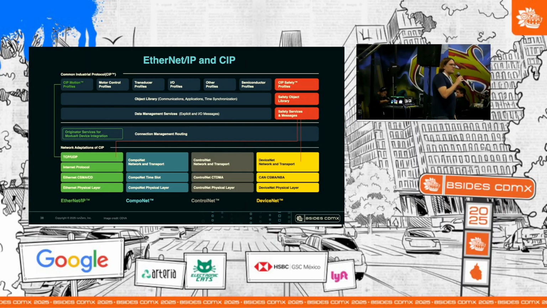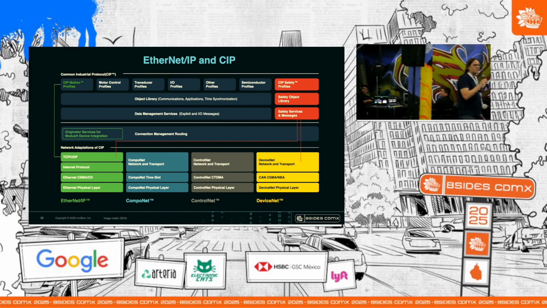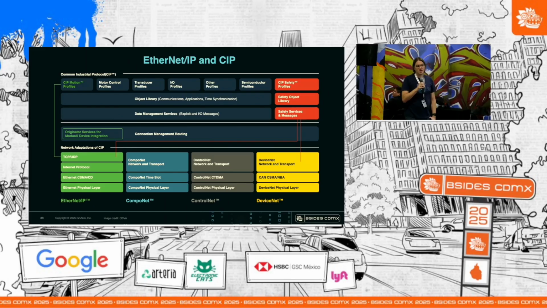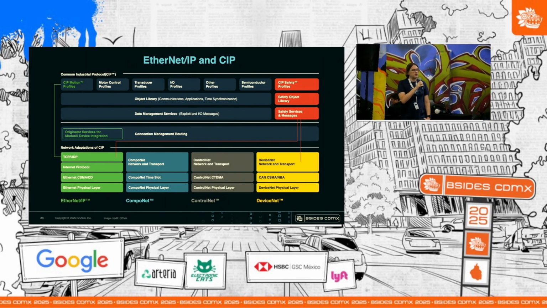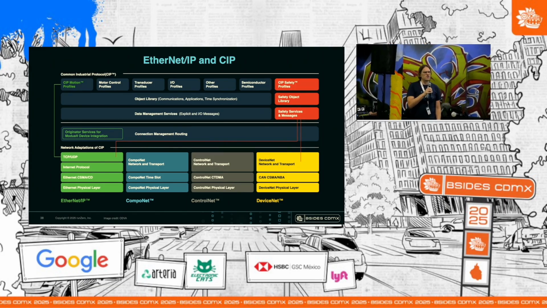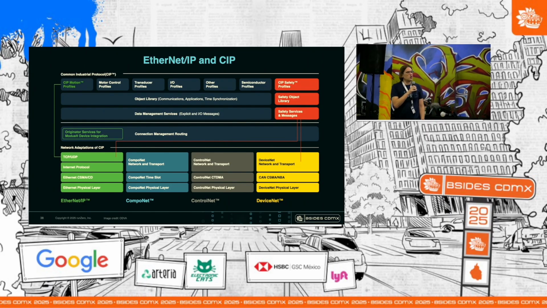Ethernet IP is a specific adaptation of a higher level protocol called CIP. CIP is the Common Industrial Protocol. It was created by Allen Bradley, later Rockwell, or vice versa. I don't remember who bought who, but one of them bought the other. And it was originally called the Control and Information Protocol.